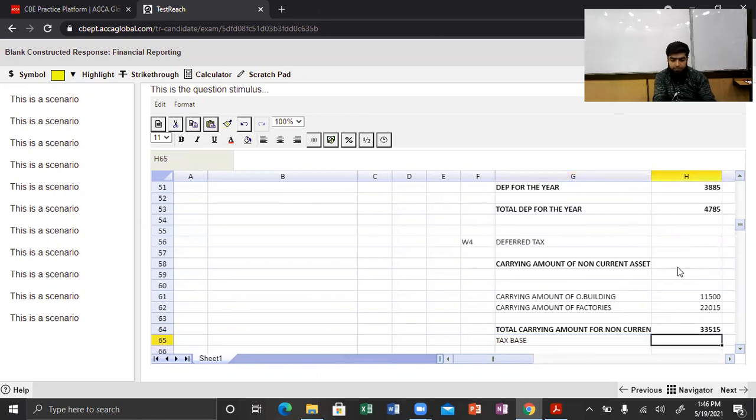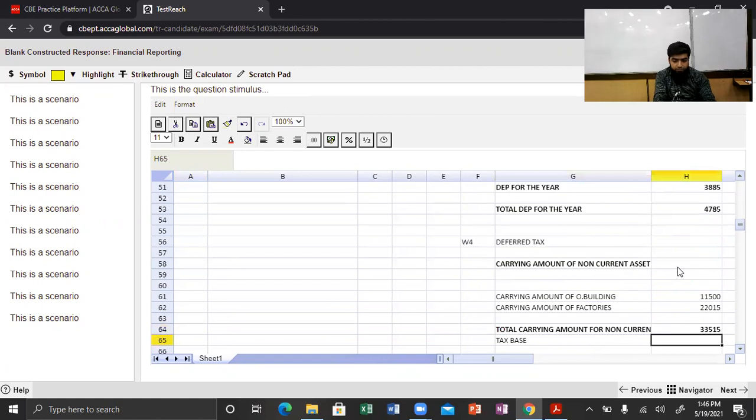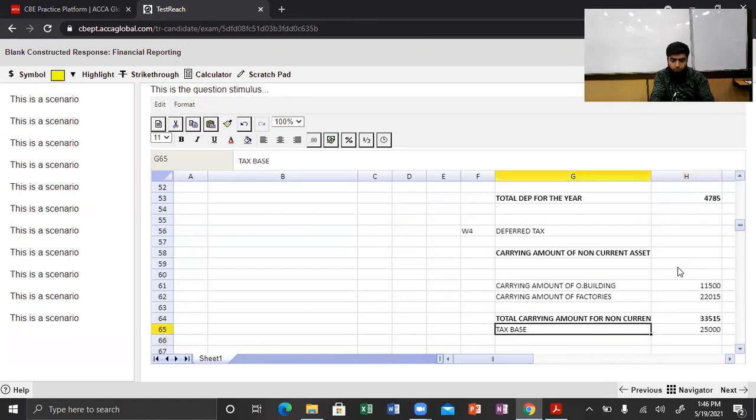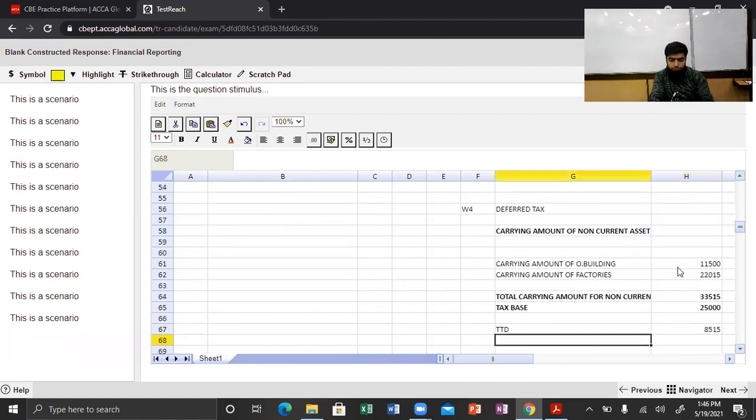The tax base is given in the question: 25 million, that is 25,000. The carrying amount of the asset is greater than the tax base, so the difference is a taxable temporary difference, TTD. It is a taxable temporary difference of 8,515.